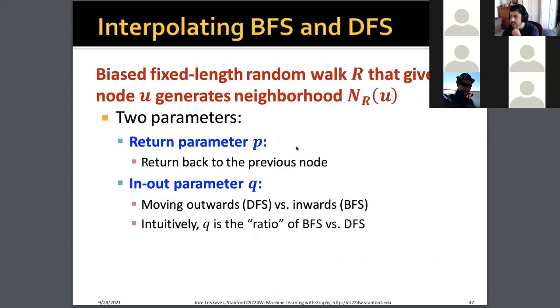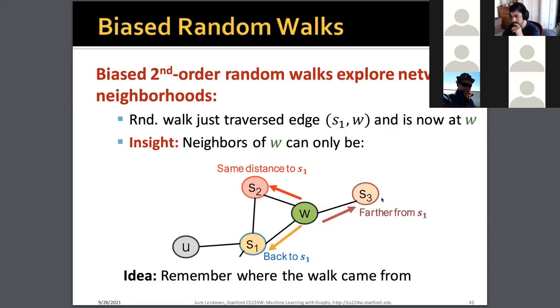In the node2vec strategy, there are 2 different parameters that we can tune. One of them is P, which is how often we return to the previous node. The other one is Q, which is a trade-off between depth first search and breadth first search. The next slide will show this in a bit more detail. Say we start at node S1, and then we travel to W. Then we have various different options.